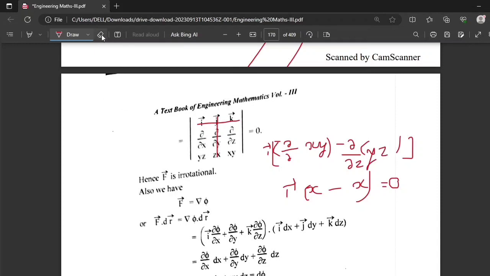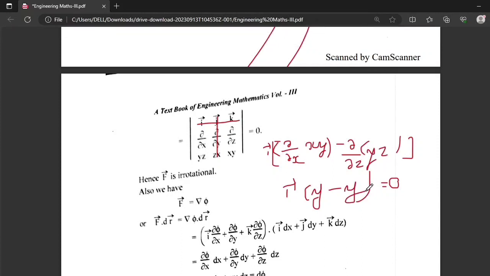Del/del x of xy is y, with y remaining constant, and del/del z of yz, with y remaining constant, is y. So this and this cancel, remaining is 0, and here it is minus j vector, so minus 0 is also 0.